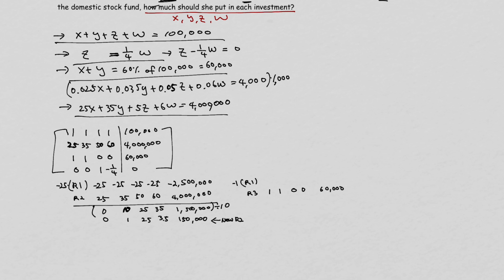You get negative 1, negative 1, negative 1, negative 1, negative 100,000. When you add them up, you get 0, 0, negative 1, negative 1, and negative 40. And let's make this new row 3.